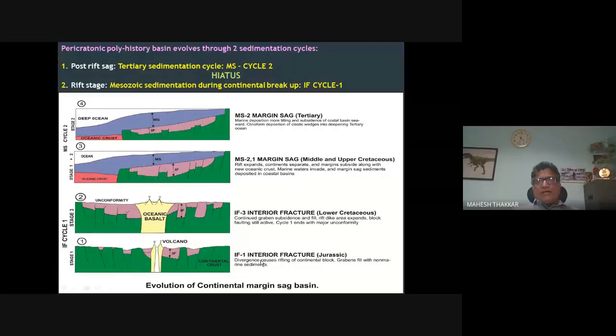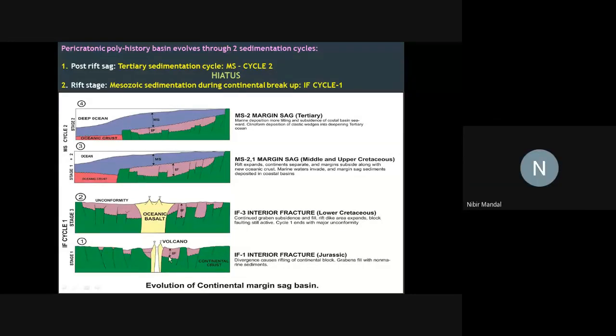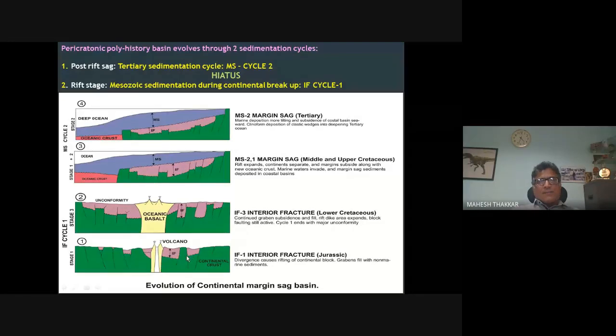So in the interior fracture cycle, we have continental crustal blocks. They were tilted towards the continents. But in the later phase, after the interior fracture zone period, we have marine interventions in the rift basin.